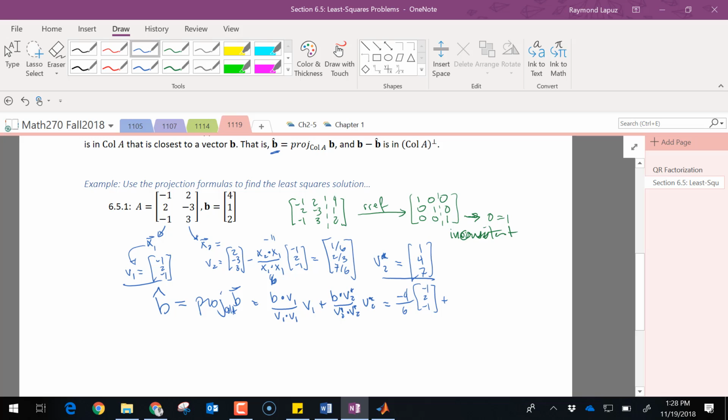And then b dot v2 star. So that's 4, plus 4 is 8, plus 14 is 22. And then v2 star dotted with itself. So that's 1, 16, and 49, which is 66.